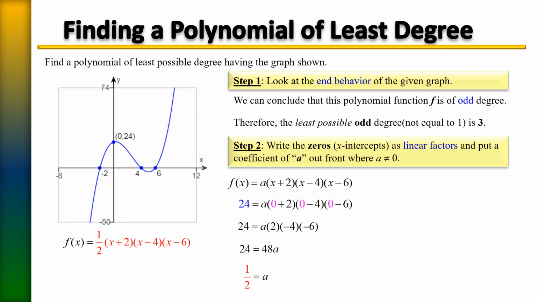Now, if you were asked to write it in standard form, then of course you would need to multiply the binomials and get it to where you have a polynomial, and then multiply that polynomial with 1/2. Okay, but this is written in as linear factors here.